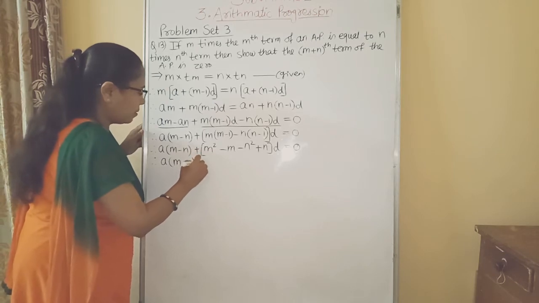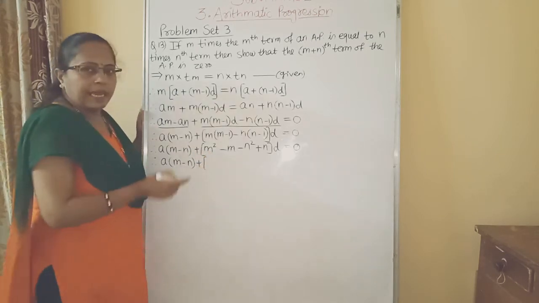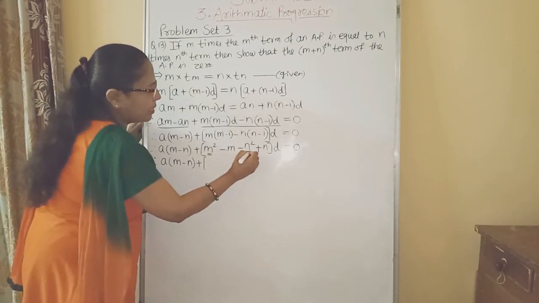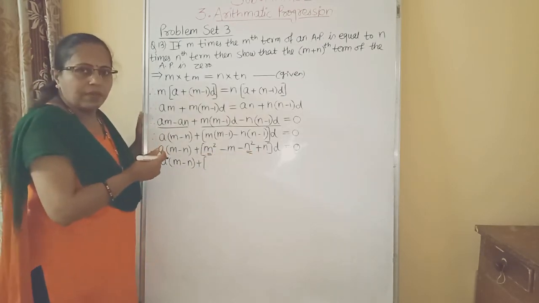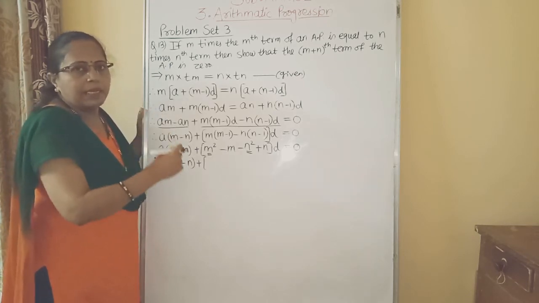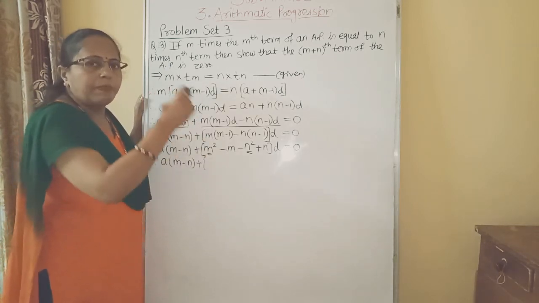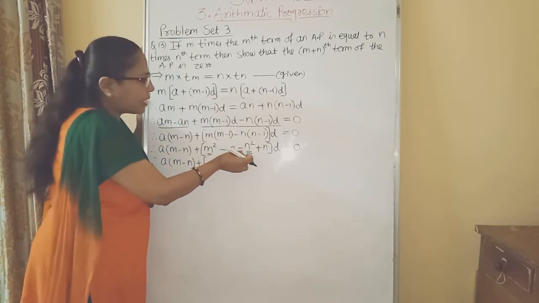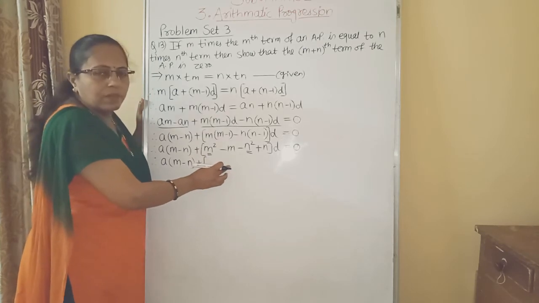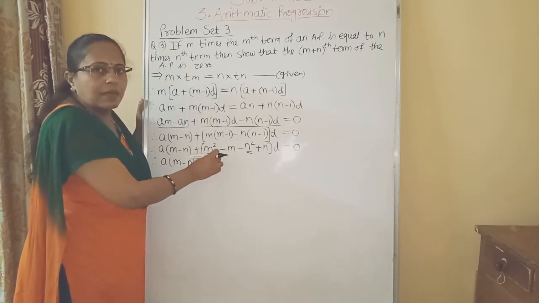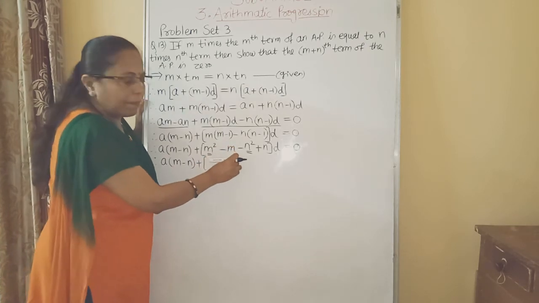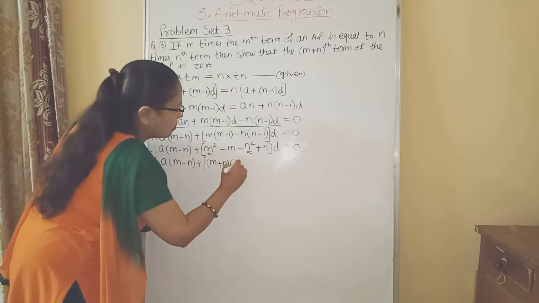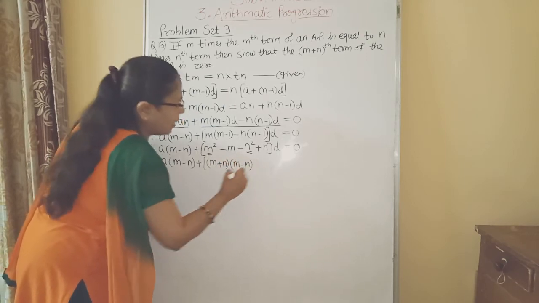m minus n plus, now like the previous example, this m square minus n square we will take together. It is like a square minus b square, whose factors are a plus b and a minus b. Like that, m square minus n square, if you take together, we will get its factors m plus n, m minus n. m plus n into m minus n.